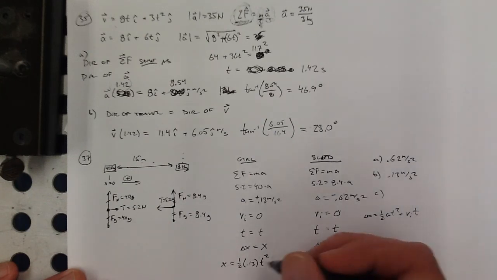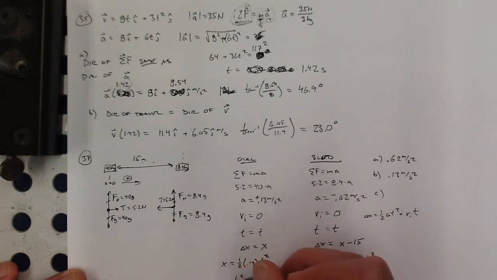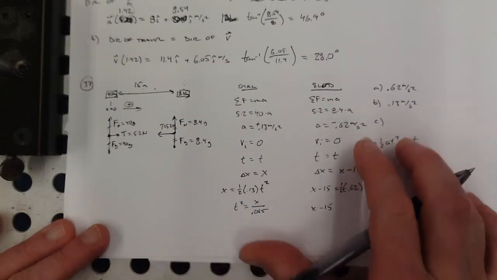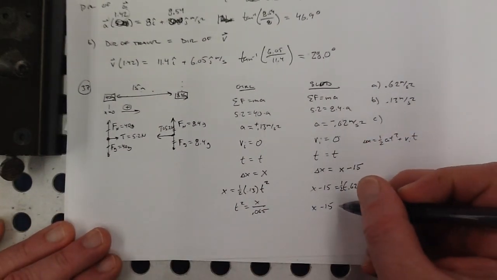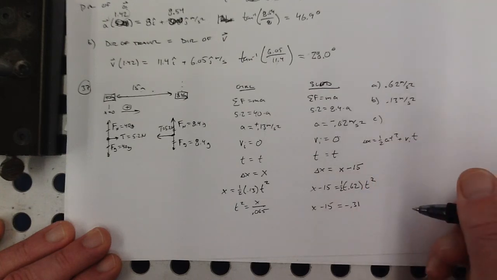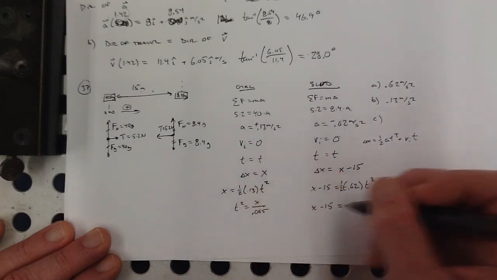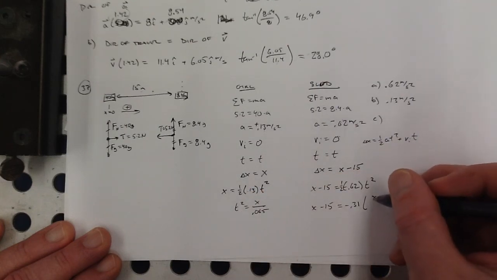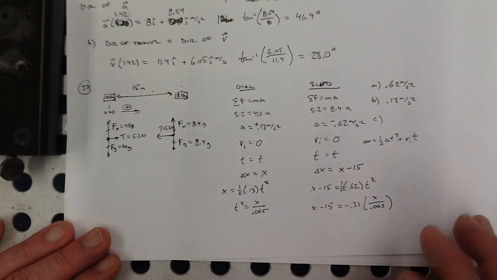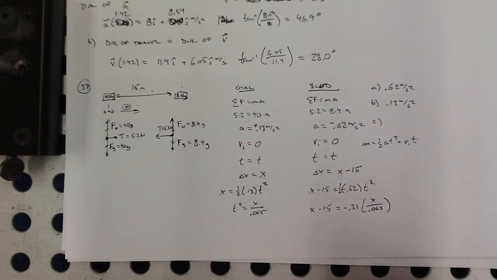So I guess I could substitute here. I could say t squared is equal to x over 0.065. I'm going to make that substitution. So I got x minus 15 is equal to negative 0.31 times t squared, which is x over 0.065, and time to do a little bit of algebra.